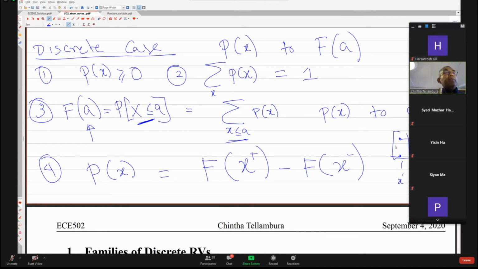So you have to do this computation for all such elements of the support. These are some of the basic ideas of the probability mass function and CDF.